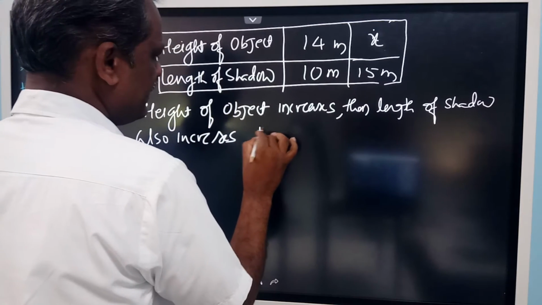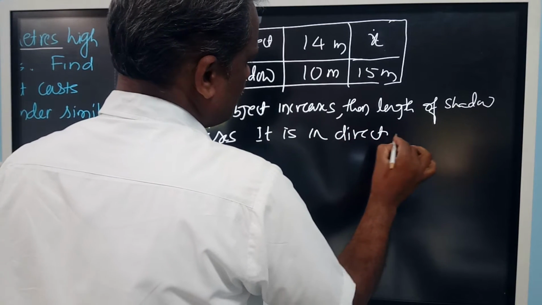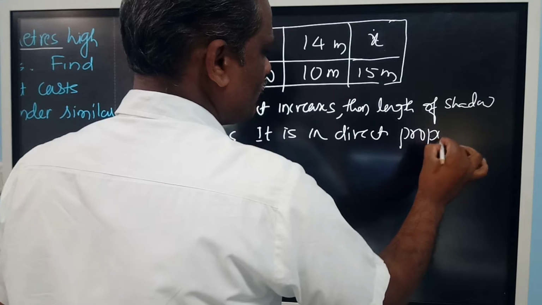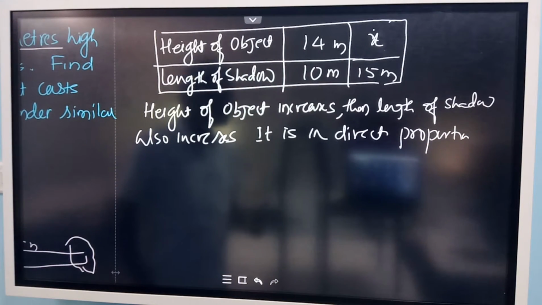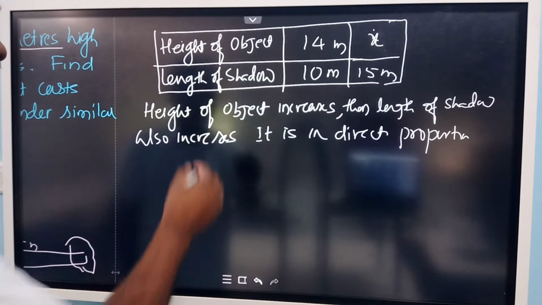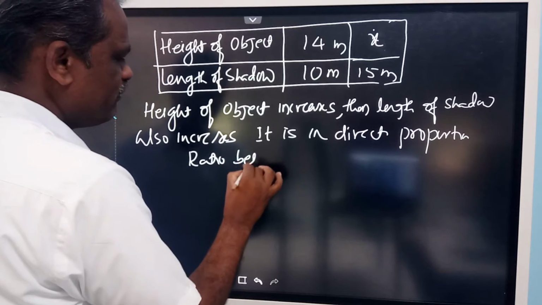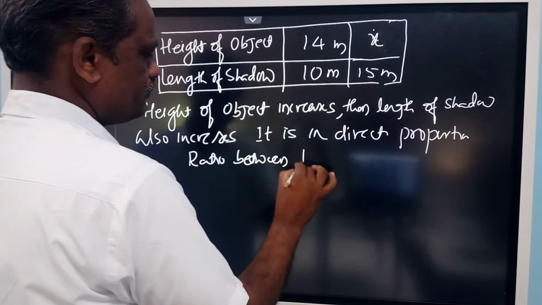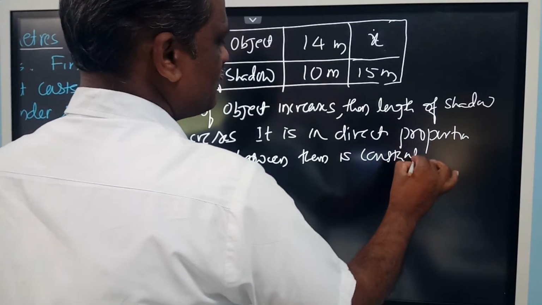So it is in direct proportion. Since it is in direct proportion, you can directly equate these ratios. The ratio between them is always constant. This property you can use here.